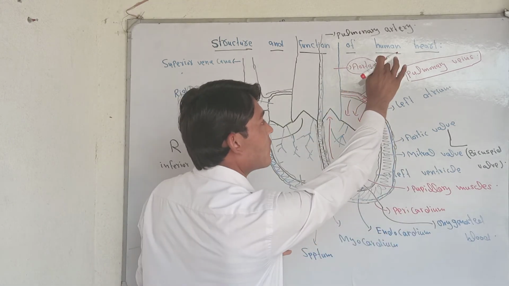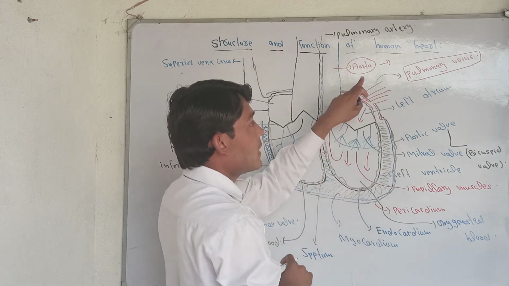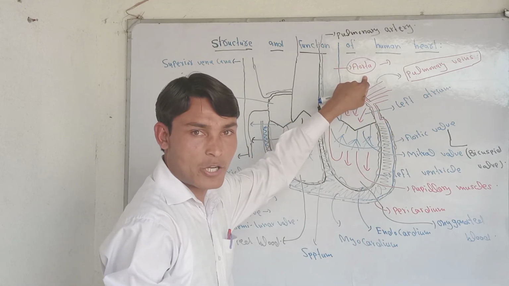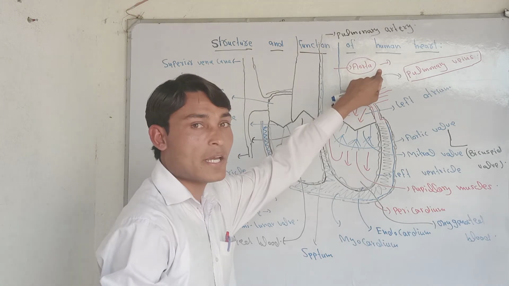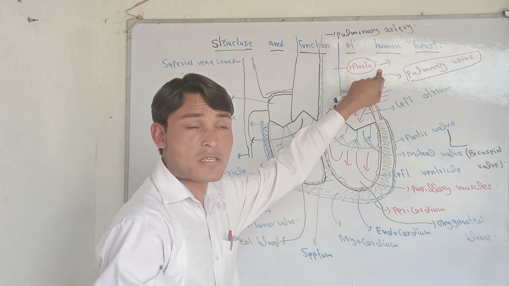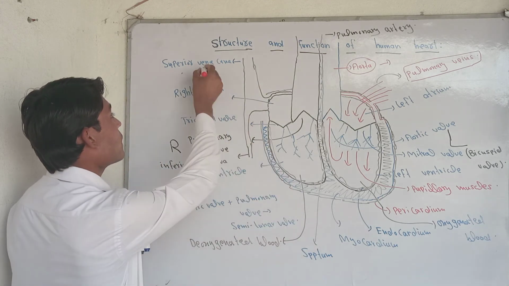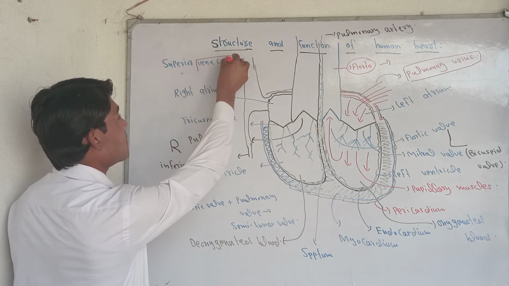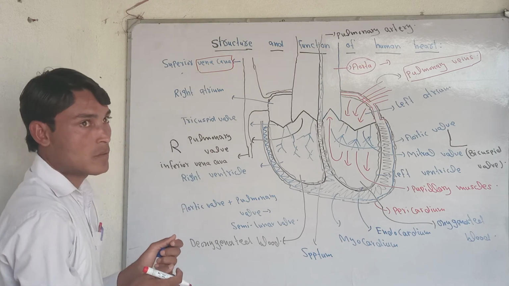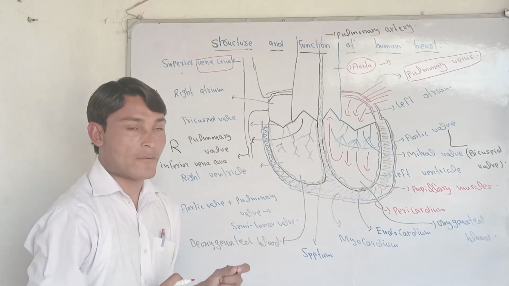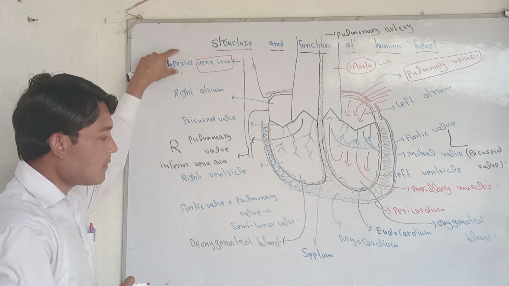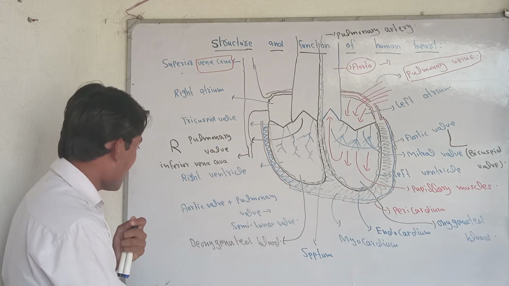Then it is further divided, and when this blood is used in the body, it is returned by veins, and the largest vein is called the vena cava. We have two vena cava: one is called the superior vena cava, one is called the inferior vena cava.